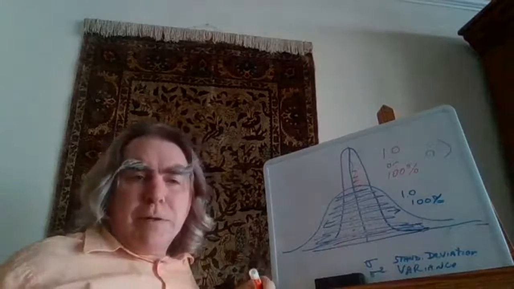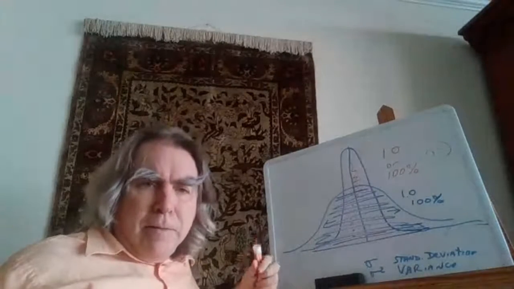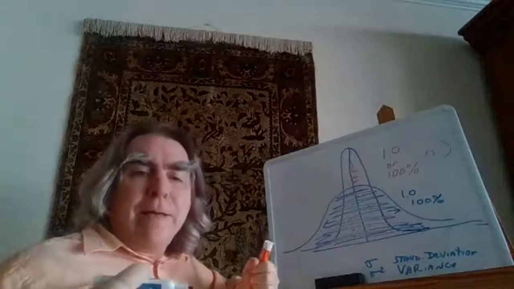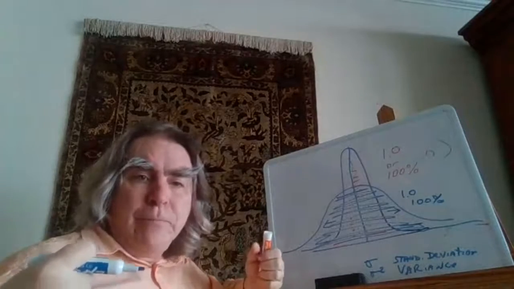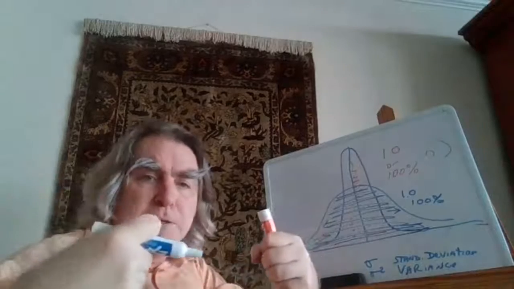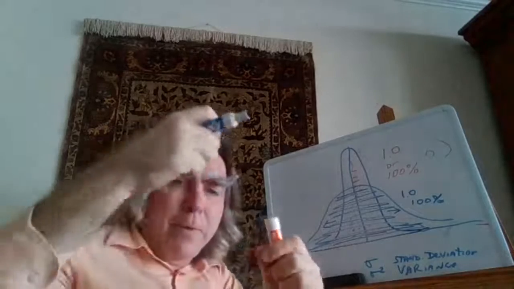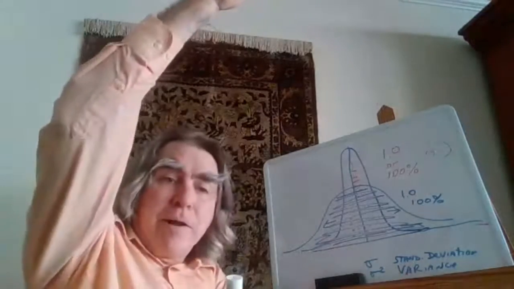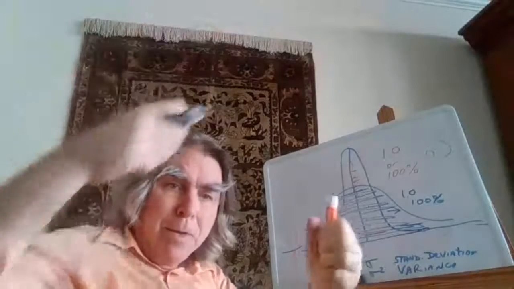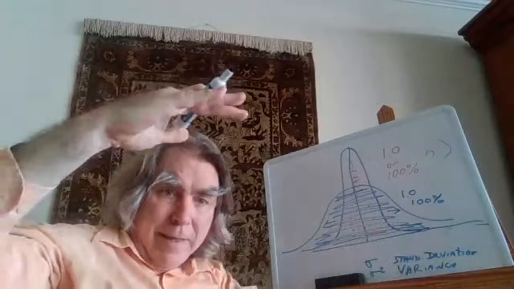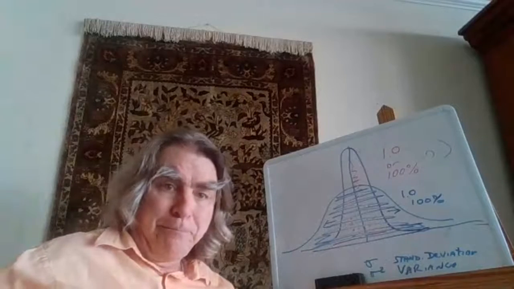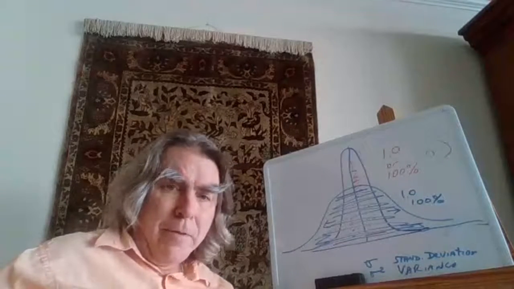So when we start talking about this, one of the things you've got to recognize is that it's just like a balloon. When you push the sides of the balloon together, what happens? It bulges out on the top, right? What happens when you take a balloon and you pull it this way? It becomes flatter, right?